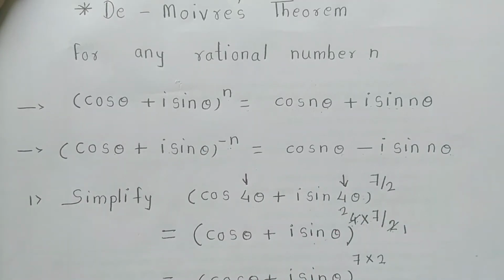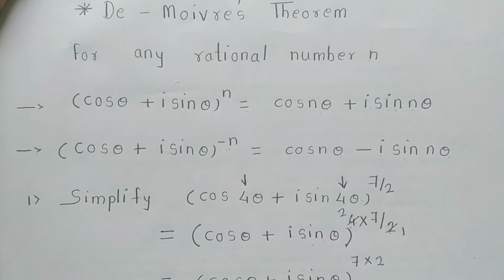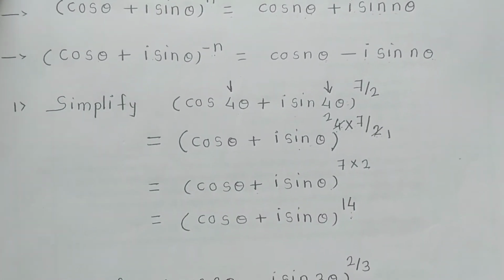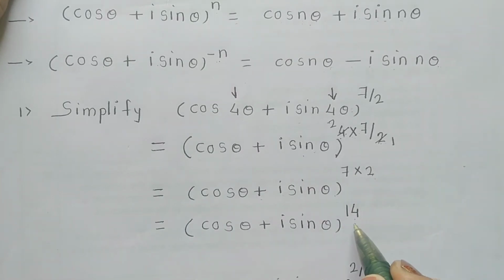So we simply write (cos θ + i sin θ)^(4 × 7/2). Now after simplifying we get (cos θ + i sin θ)^(7 × 2), which equals 14 here.